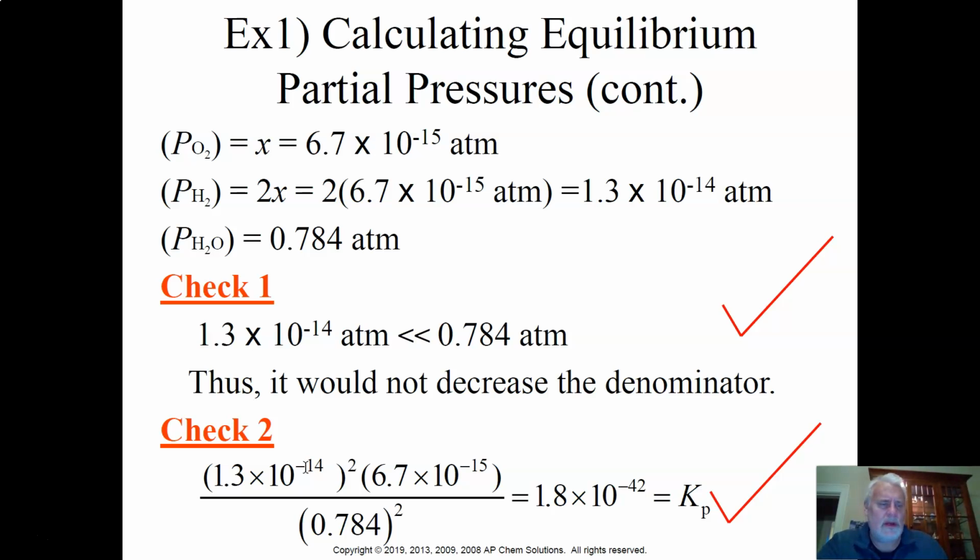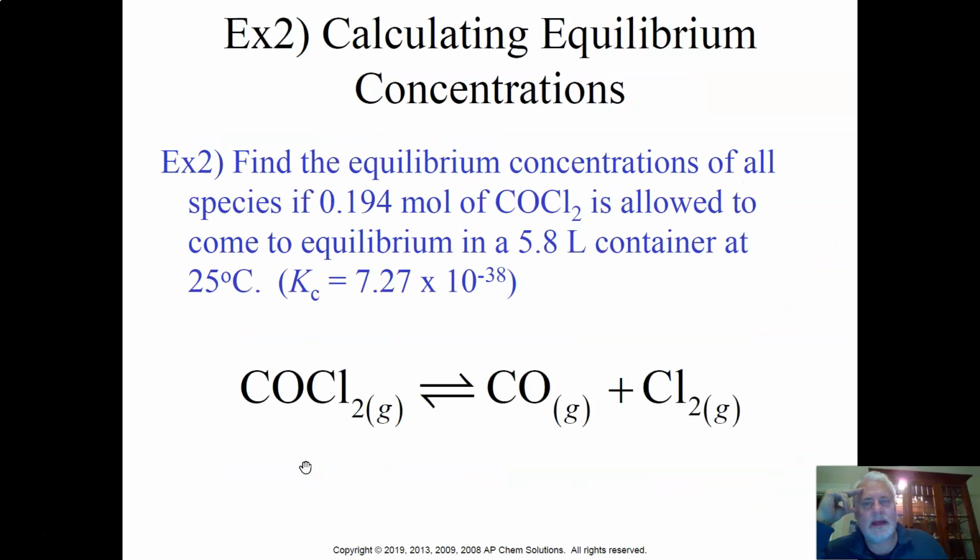Okay, so that is a partial pressure problem with parentheses, and then this guy you will see is a concentration problem. So it's going to be a little bit different because they don't give you the concentration.